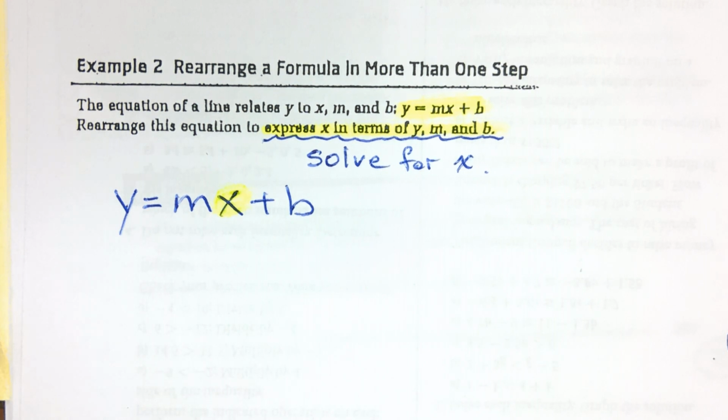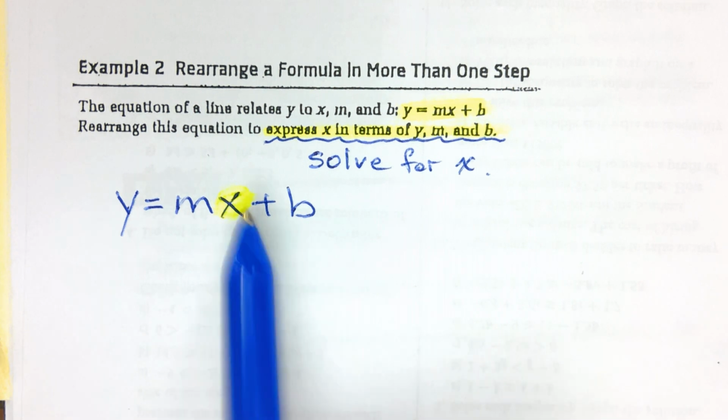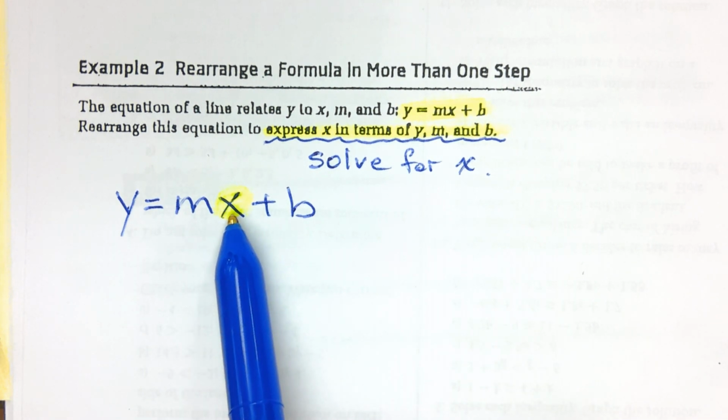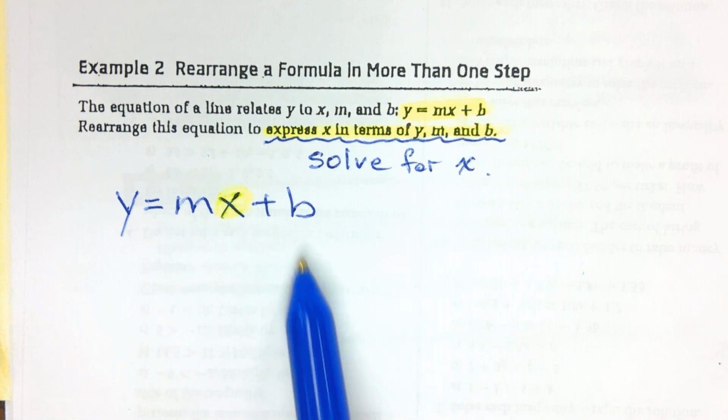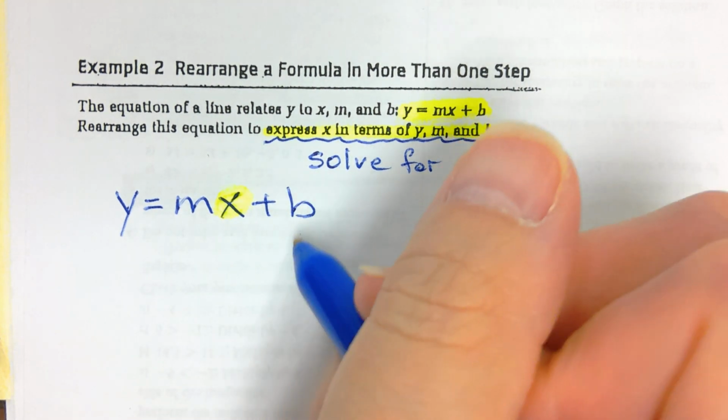Just like if it was with numbers, like 5 equals 3x plus 8. You would always move that number over first. Right? So remember you were trying to solve for x, meaning you want x by itself. So if you want this by itself, you're moving the b over first.